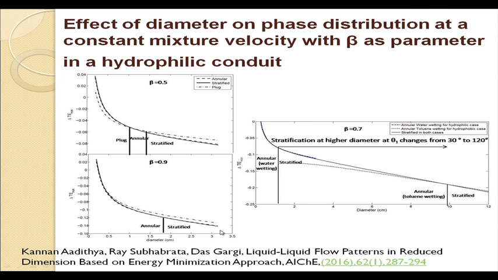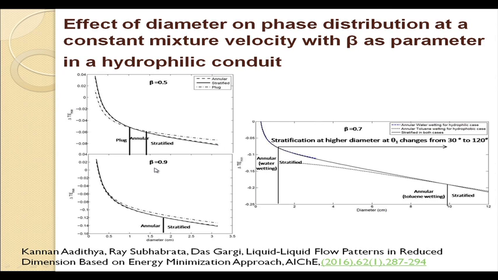So, what do we find? When operating at moderate water fractions, initially the plug flow pattern is stable, then gradually annular and stratified compete with each other, and finally the stratified flow pattern becomes more stable.